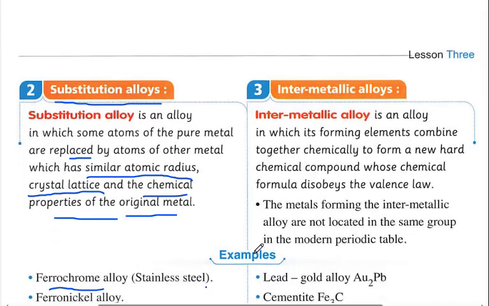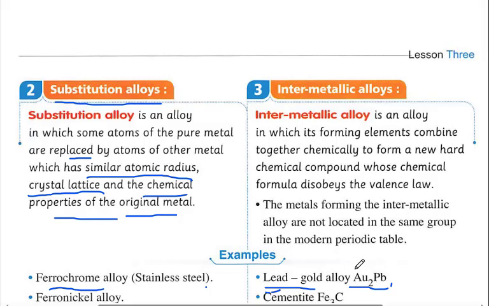Okay, when you are asked, the lead gold alloy is one of the intermetallic alloys because lead here is from another group. It is from group 2A, and gold from group 1B in the transition elements under copper and silver. So they are from different groups, and they form a compound Au2Pb, gold and lead.